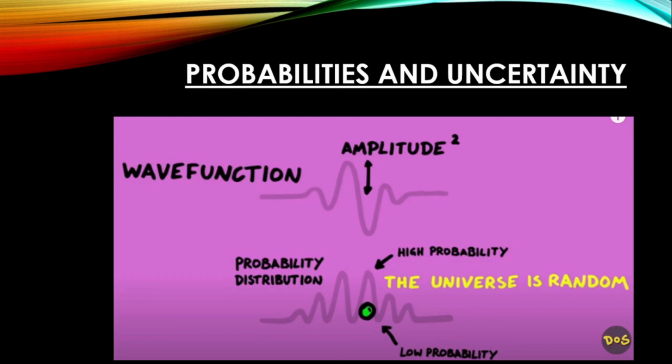Where we see the atoms, we can compute how many atoms, but within those atoms, the subatomic particles, where the wave function exists, the quantum world, we have probabilities and uncertainty. We could not really determine the exact position.